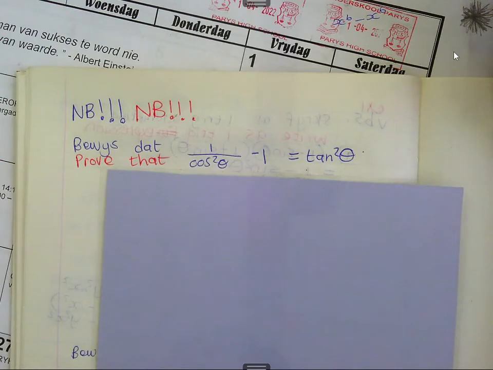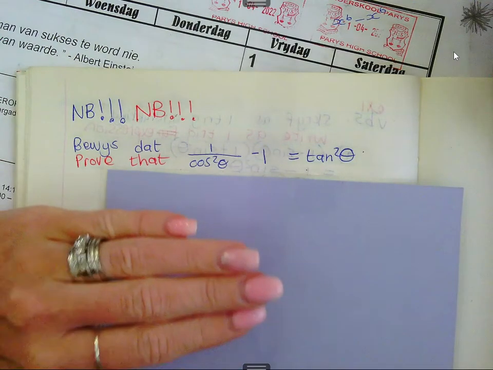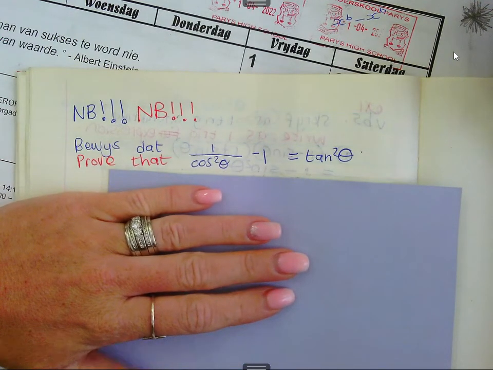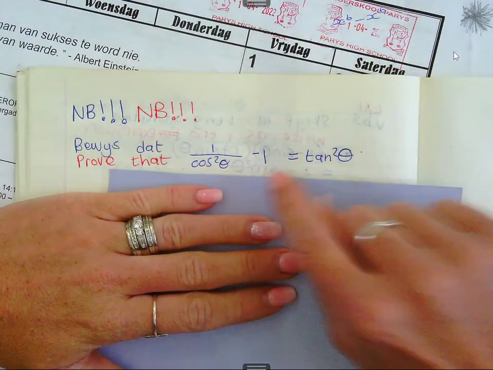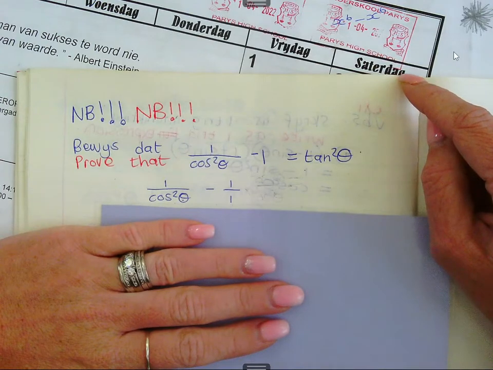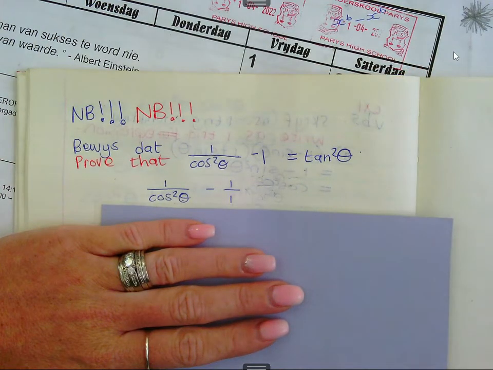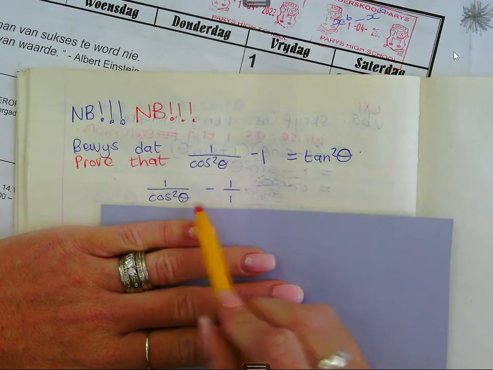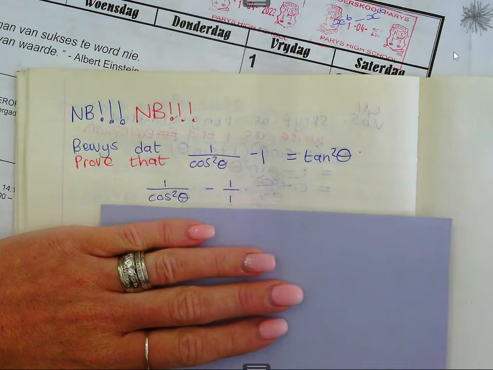So what is step one? Make the mixed fractions improper. So I put that 1 over 1. Step 2 is you make it one denominator. So cos squared theta times 1 is just cos squared theta.